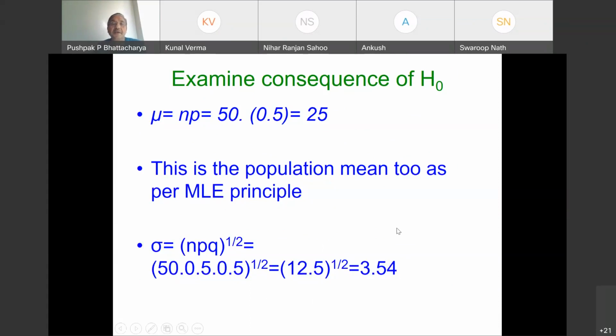Okay, so coming to our problem situation, if the named entity tagger was indeed doing random guessing, then on a sample of 50, we will get on an average 25 named entities. Let's forget about accuracy now. Let's forget about the gold standard data and so on. This is what I'll observe.